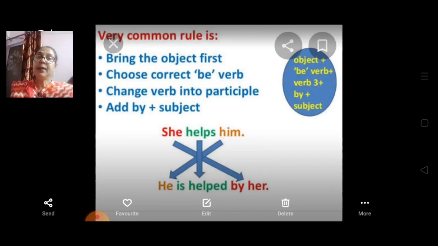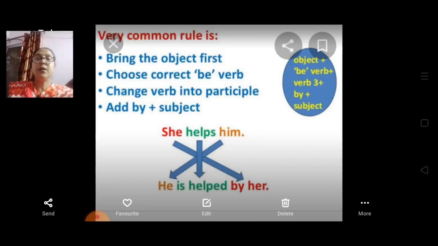Here you can see him becomes he in the subject place, and she is changed into her. So the rule is object plus be verb plus third form of the verb plus by the subject. This rule you should always keep in mind.